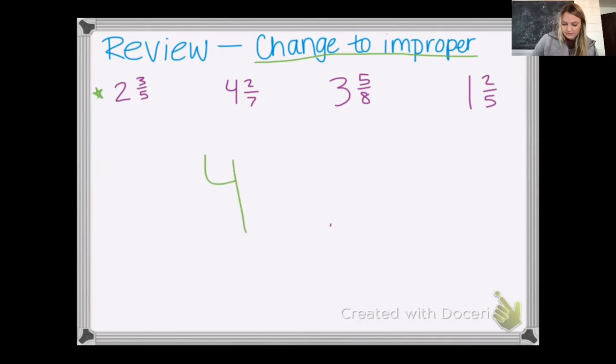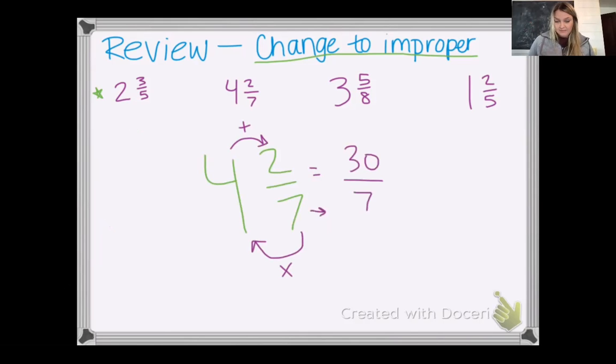Literally the same steps, just different numbers. I start here and do 7 times 4. I multiply, so 7 times 4 is 28. 28 plus 2 is 30. Keep my denominator, which is 7. It's literally the same steps.